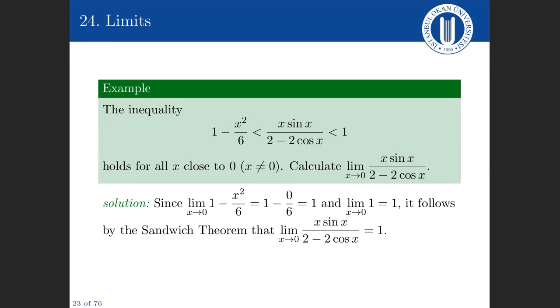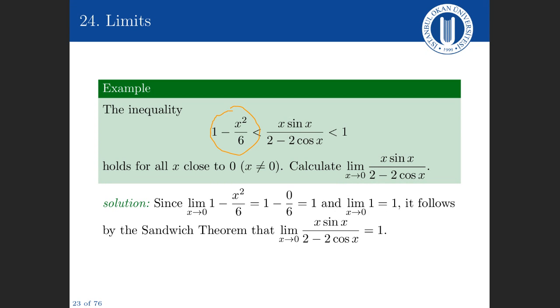We can use the sandwich theorem to calculate limits like this. We're told in the question that this inequality is true for all x close to 0, but not for x equal to 0. And then we're asked to calculate the limit as x tends to 0 of x sine x divided by 2 minus 2 cos x. We're going to use the sandwich theorem.